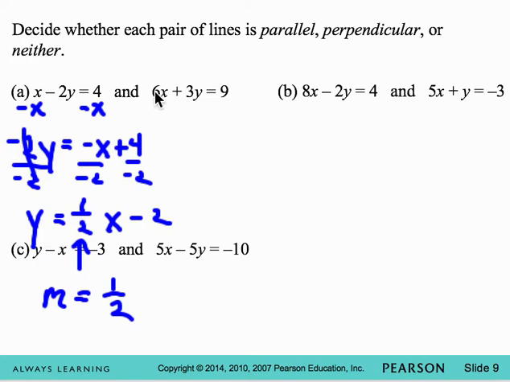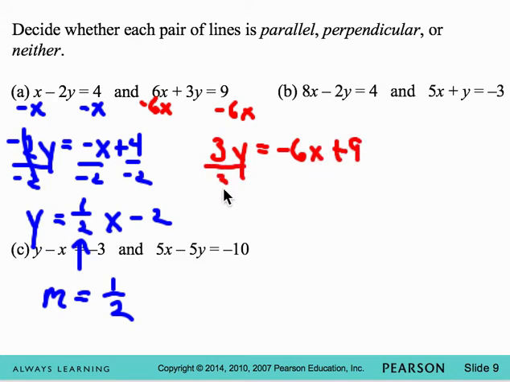Let's find out what the slope of this line is. Solve for y. We would subtract 6x. So 3y equals minus 6x plus 9. Divide by 3. So y equals -2x plus 3.